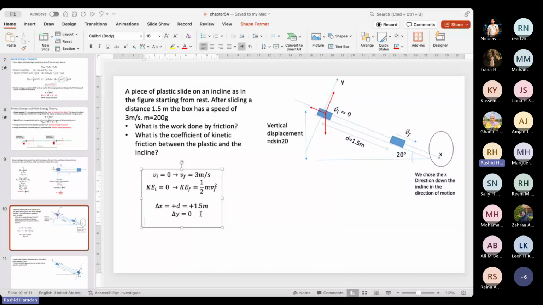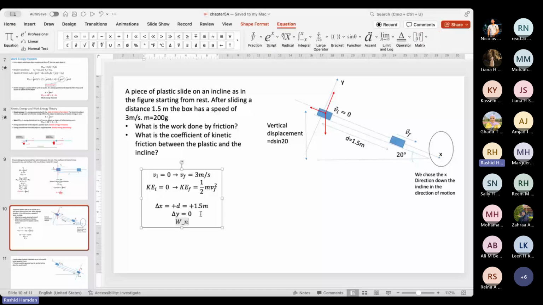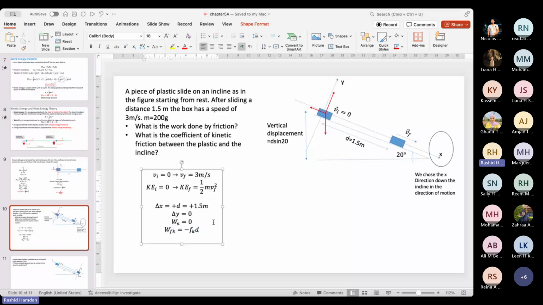So now when I want to find the work done by each force, the work done by the normal reaction is still perpendicular to the incline, so it has no x component, so this is 0. The work done by friction, the friction force, is still minus fk delta x, or minus fk d. Okay, it is negative, it's less than 0.